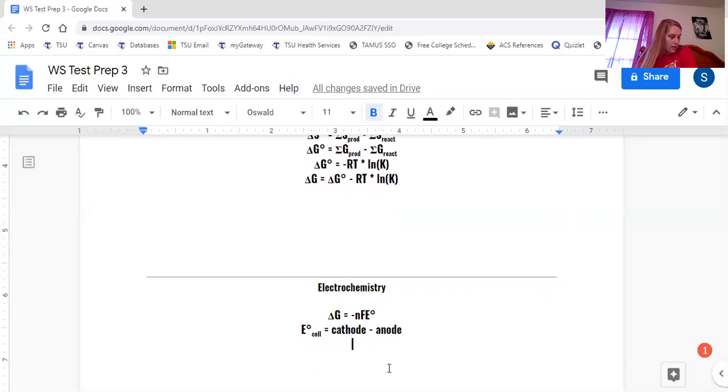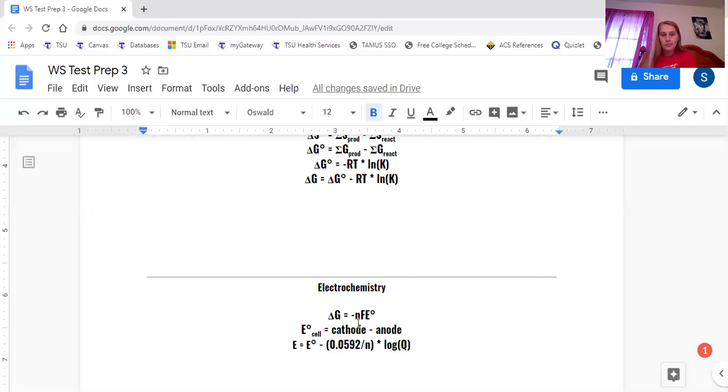And then we're going to have E equals E naught minus 0.0592 over N times the log of Q. And those are going to be our equations that we use a lot.